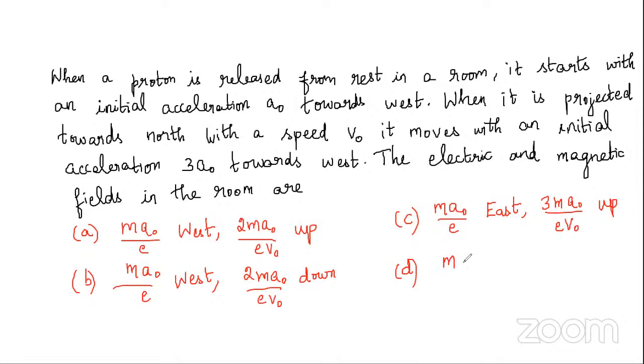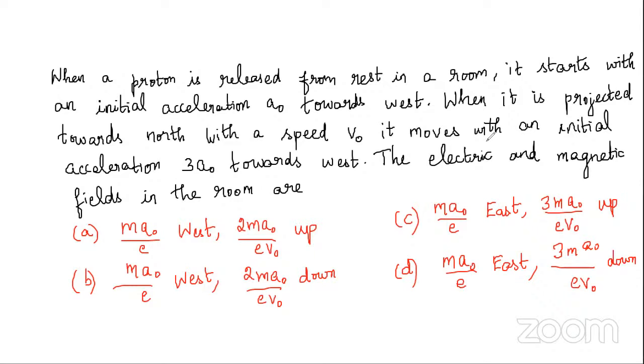Option D: m a naught by e east, comma 3 m a naught divided by e v naught down. Okay, so this is the question.